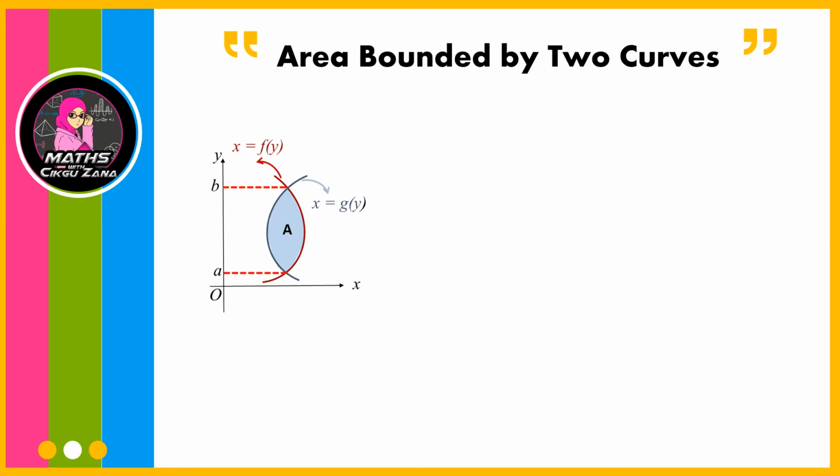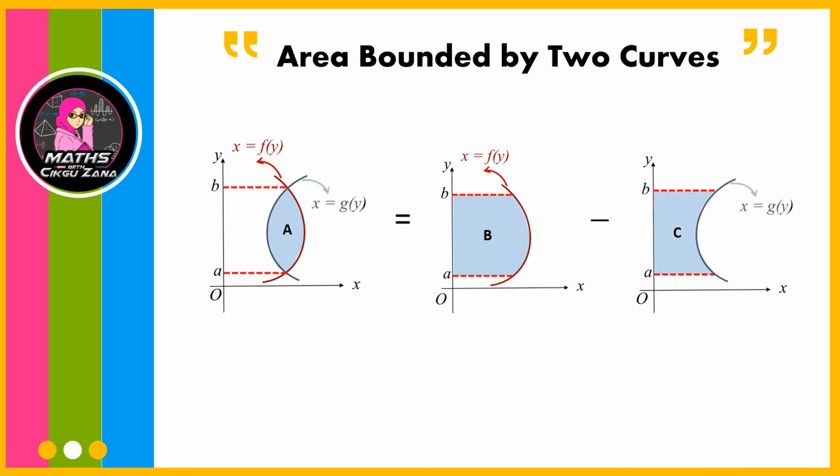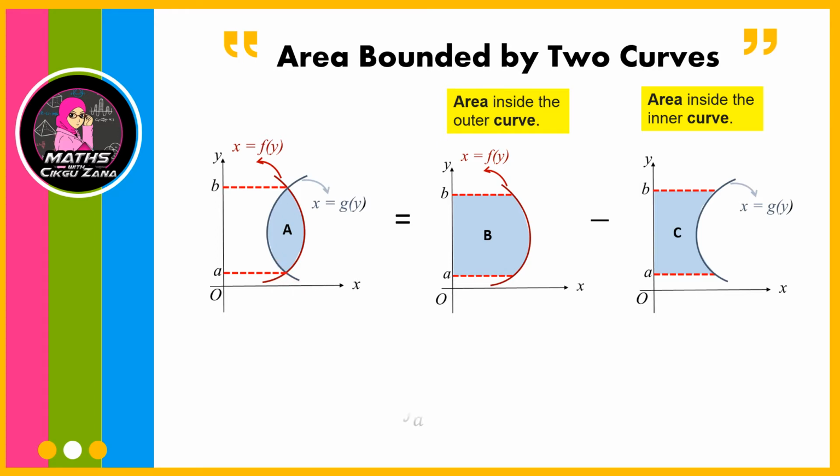The area A is the difference between area of B and area of C. In other words, the area inside the outer curve minus the area inside the inner curve. Thus, the area A is obtained by finding the integral of the function f of y minus g of y from y equal a to y equal b.